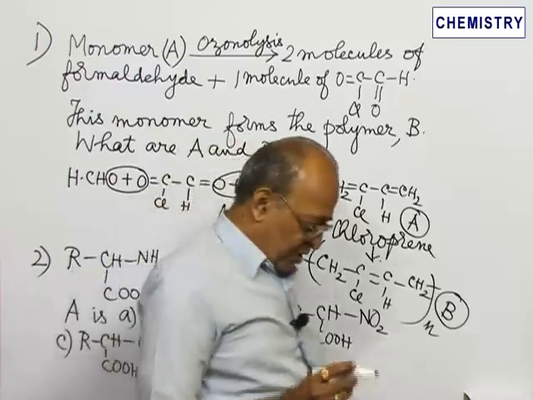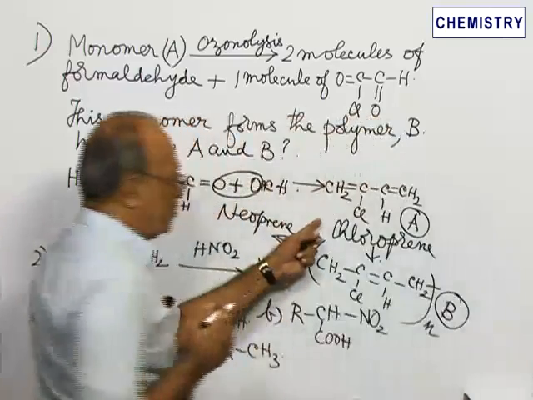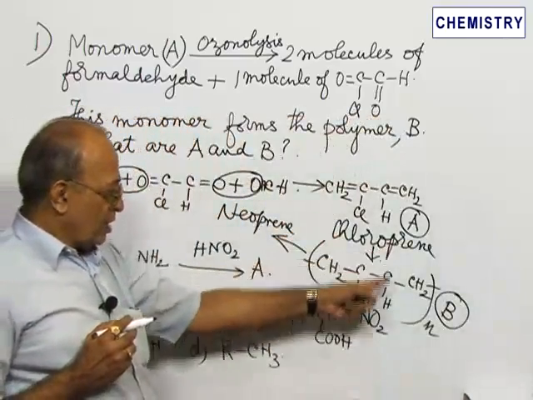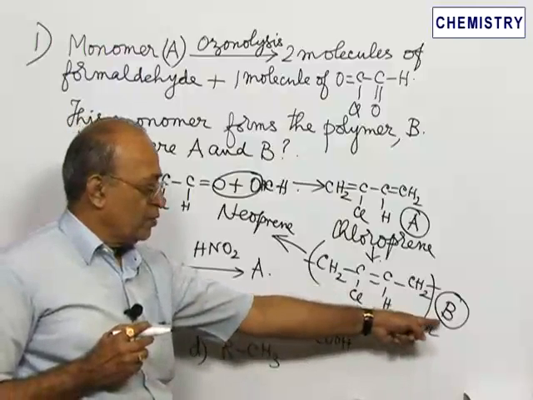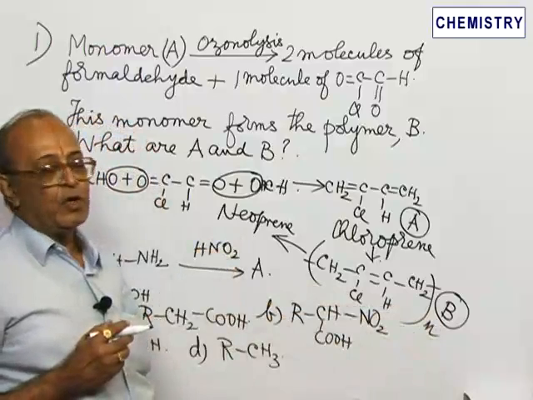So, the answer is monomer A is chloroprene, and this undergoes polymerization to give the polymer B, which is known as neoprene.